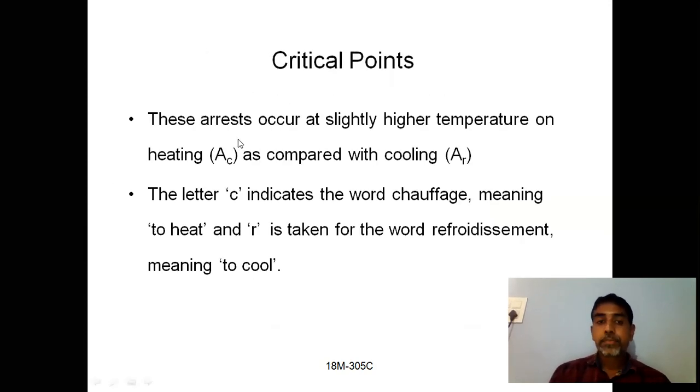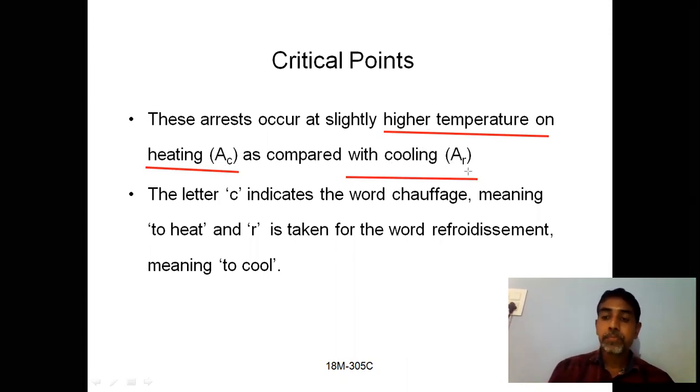See here, these arrests occur at slightly higher temperature on the heating curve. So for heating it is higher compared to cooling. That means AC is more compared to AR, whether it is AC1, AC2 or AC3, with respect to AR1, AR2 and AR3.